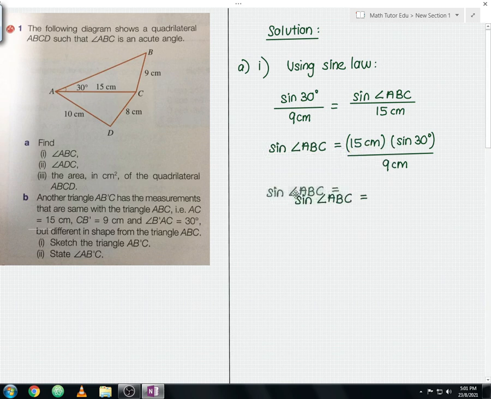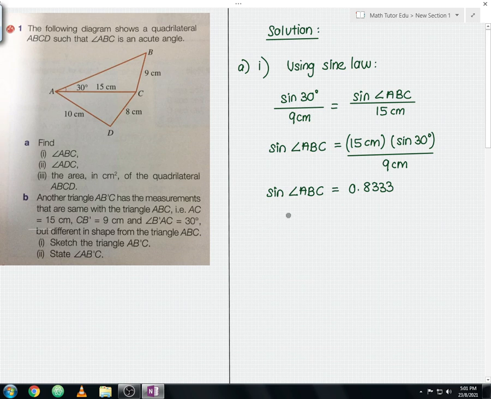So from here, you calculate this, you should get your sine angle ABC is equals to 0.8333. So I'm calculating this and I'm stating my calculation in terms of 4 decimal places. So from here, to find the angle ABC, what you do, you sine inverse this value.